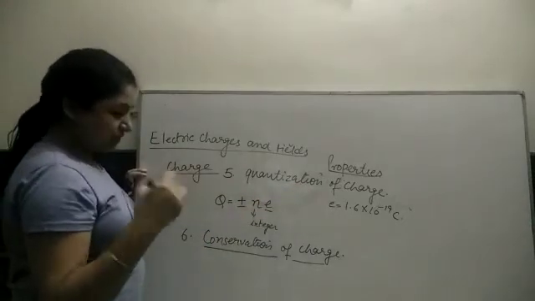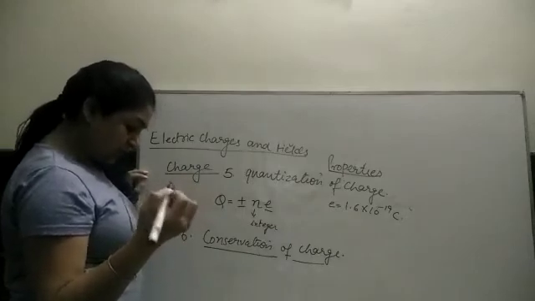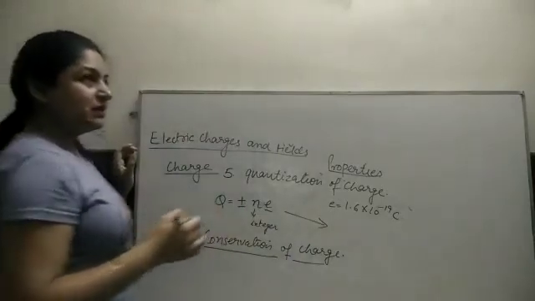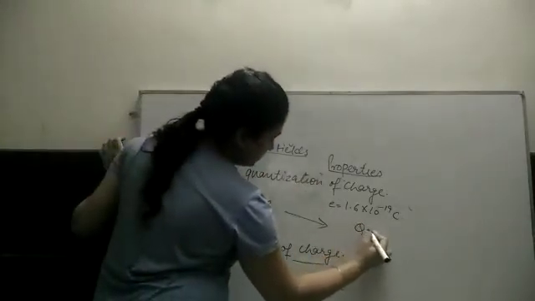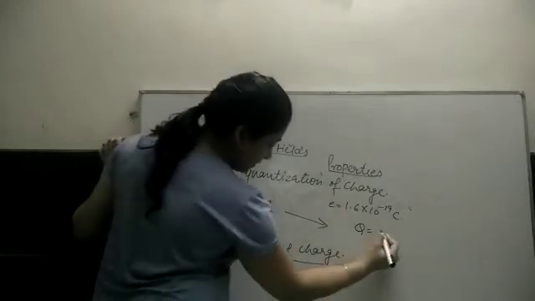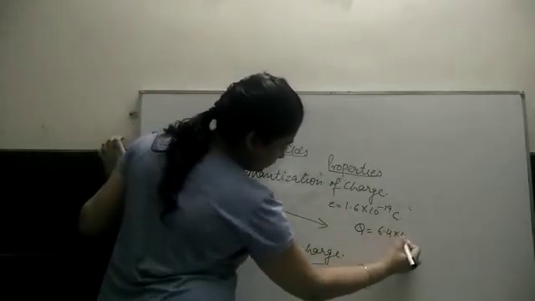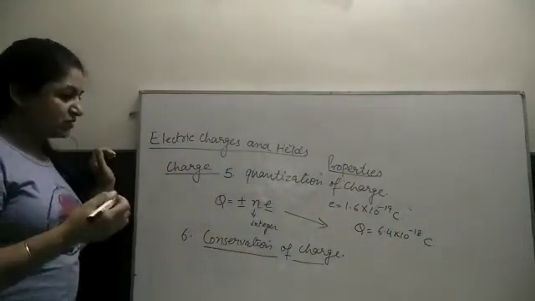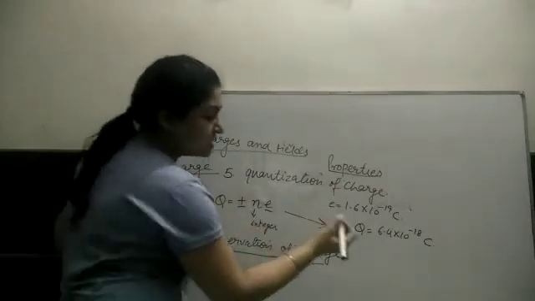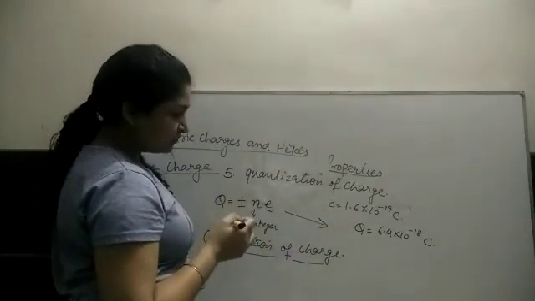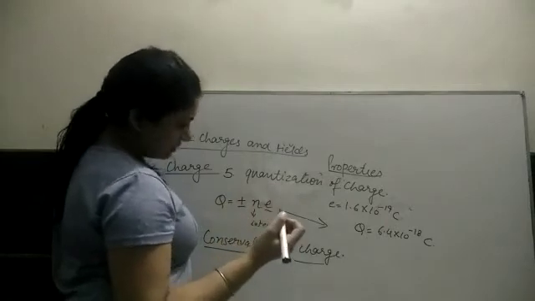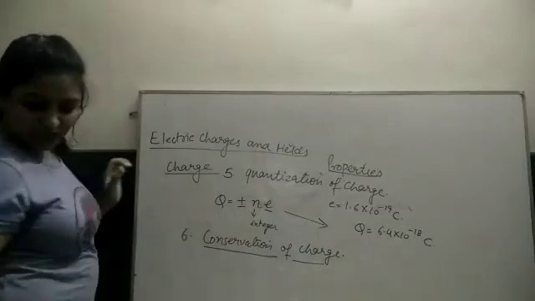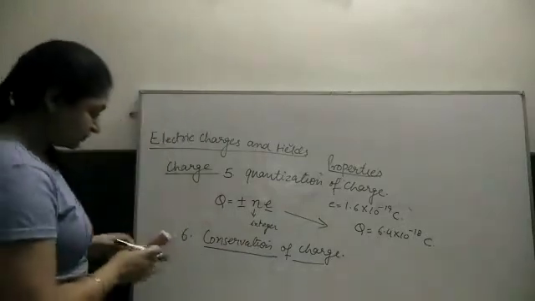If I am asking one numerical here, let us consider the charge. For example, the charge on any object is 6.4 into 10 raised to power minus 18 coulomb. Suppose I am asking, is this charge possible on any object? Now we have to apply this principle, that is quantization of charge.